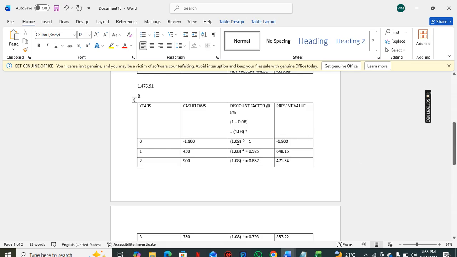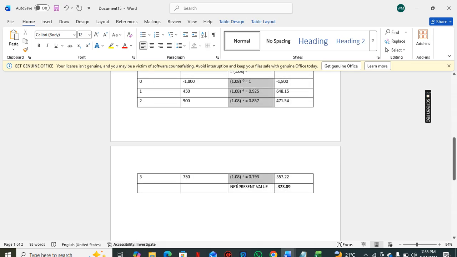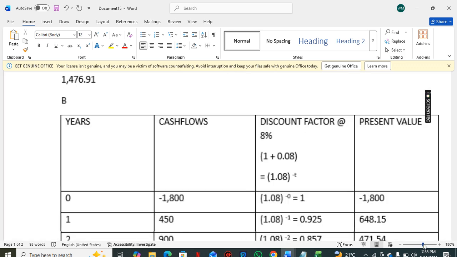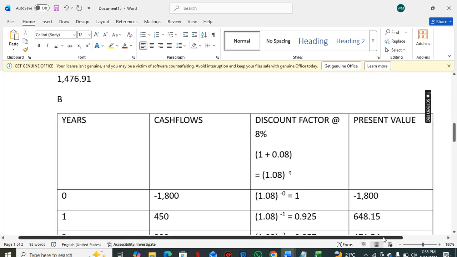The discount factors will stay the same, colleagues. They won't change. So we'll just repeat the process.